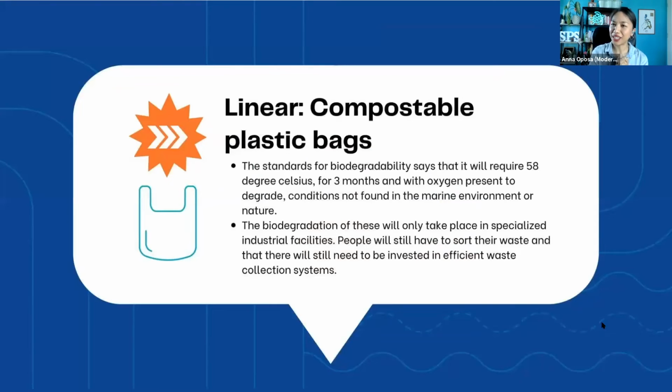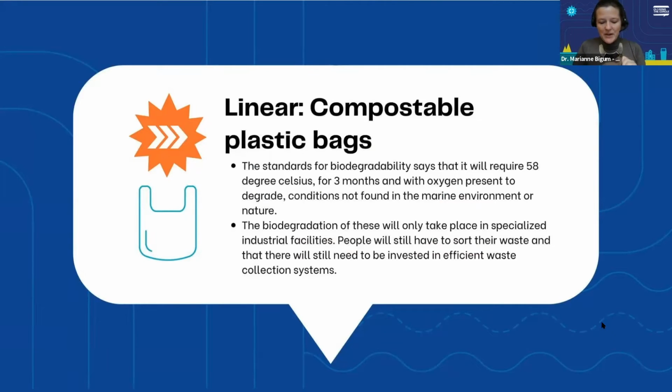Compostable bags are linear. Why are they linear? This is really interesting because it is one of the go-to things that people would assume to be circular. The circular economy principles are: 1, design out waste and pollution, 2, keep products and materials in use, and 3, regenerate natural systems.